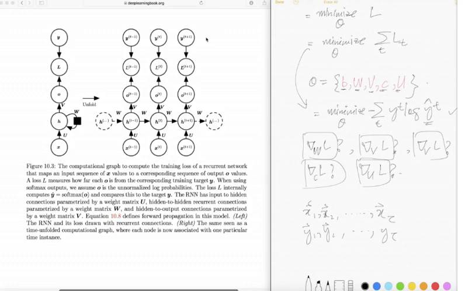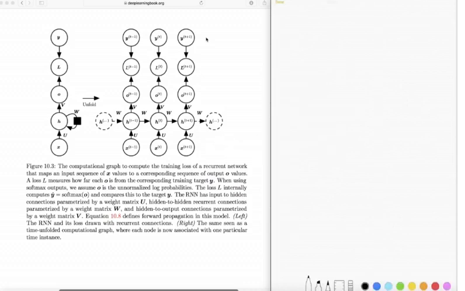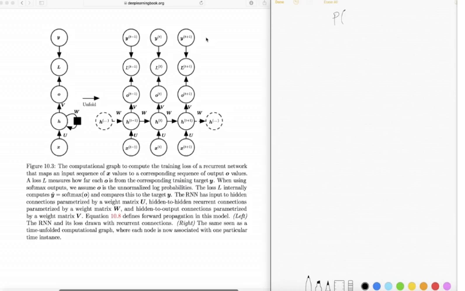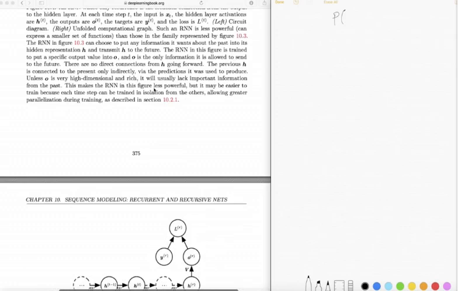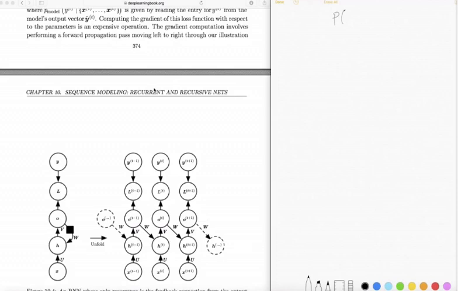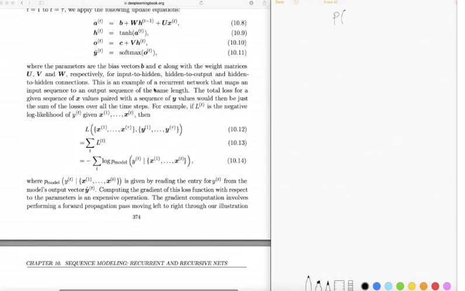If you remember, we also saw that this objective function is nothing but the maximum likelihood. So what are you given over here? You're given x1 to xt, and I want to predict yt.